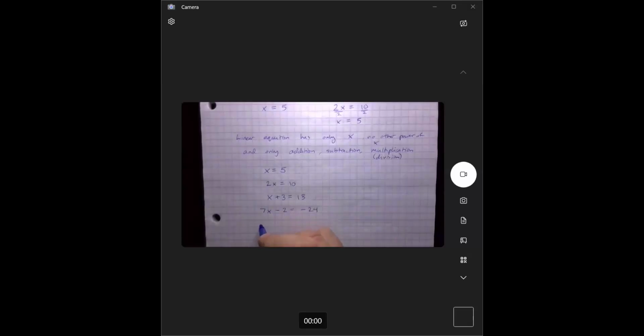Some non-linear equations would look something like if I took x squared plus 3 equals 15. Notice that this is not an only x. This is the second power of x, so it is non-linear.